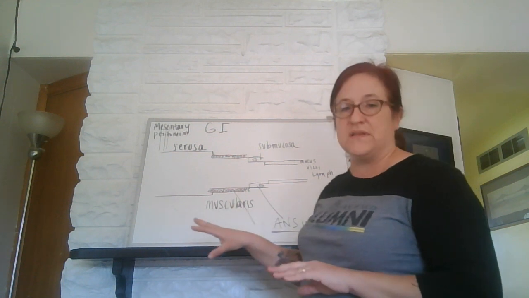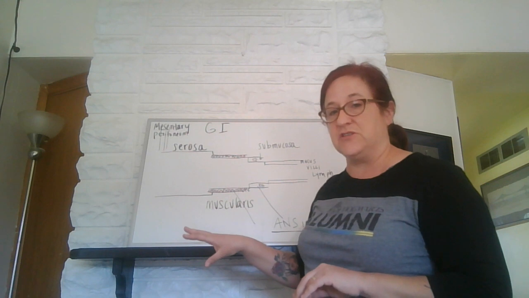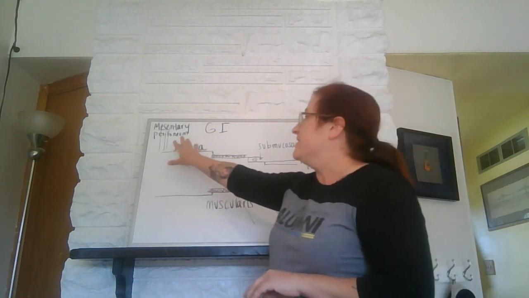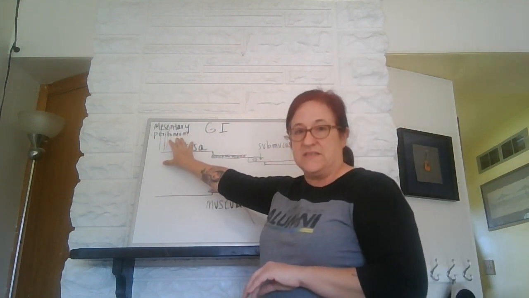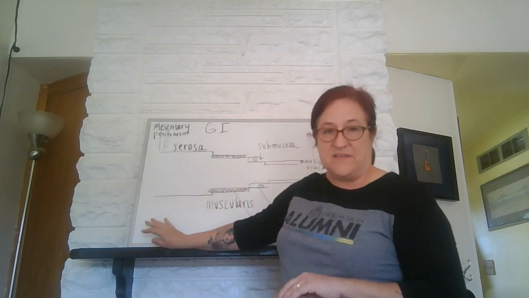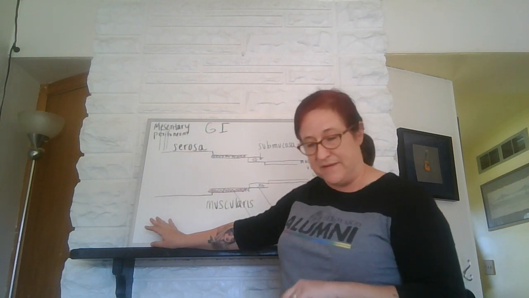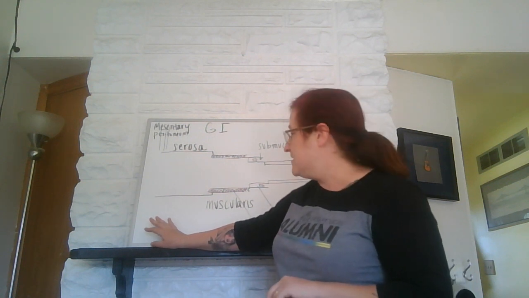It's just that their blood supply is a little bit different depending on where you're at in the GI tract. So here I have it as the peritoneal area with the mesenteric blood supply, but that's obviously different for the stomach and esophagus, which get their blood supply from gastric arteries and other vessels.